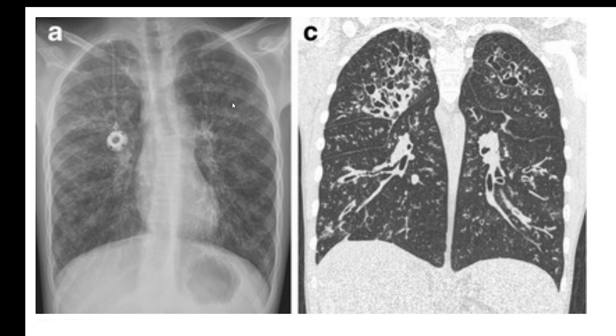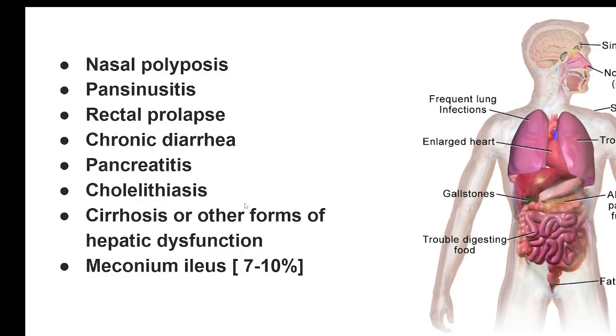In very advanced stages, you will see advanced interstitial changes in the lungs on the chest X-ray, the same as seen in the CT scan. That's about the images. The other clinical symptoms in cystic fibrosis: meconium ileus is one symptom seen in early stages.